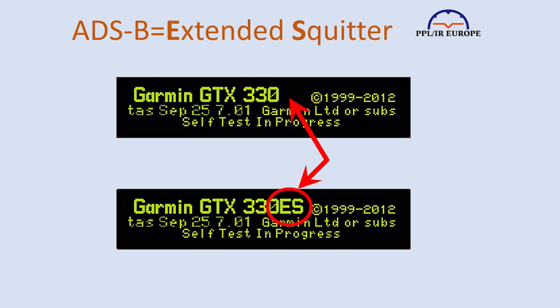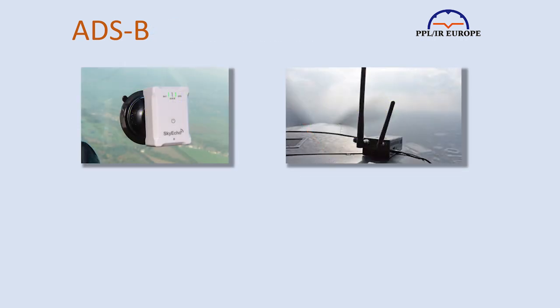If you additionally have extended squitter on your transponder, easy to tell on the Garmin at switch on as to whether the letters ES appear after the product code, then your transponder is also outputting your ADS-B position, including altitude and call sign.